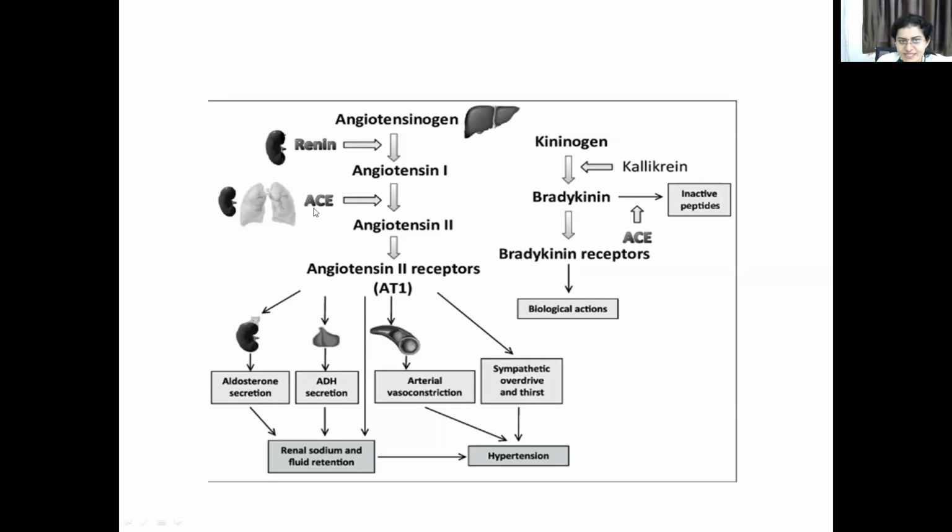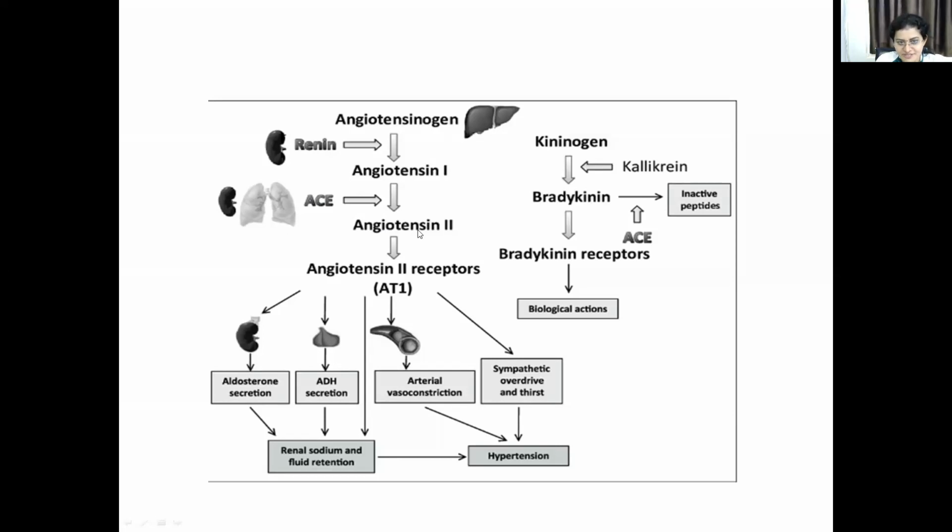So what does this enzyme mean? Whenever our blood pressure gets lowered, a compensatory mechanism takes place and there is secretion of angiotensinogen. This angiotensinogen gets converted to angiotensin 1 with the help of renin, which is secreted by the juxtaglomerular cells of the kidney. Angiotensin 1 gets converted to angiotensin 2 by the enzyme ACE, angiotensin converting enzyme, secreted by the lungs.